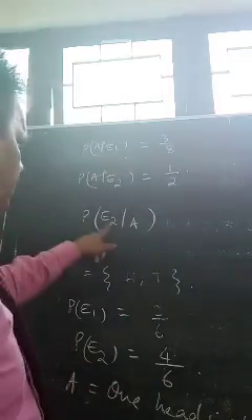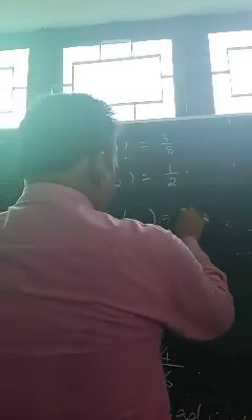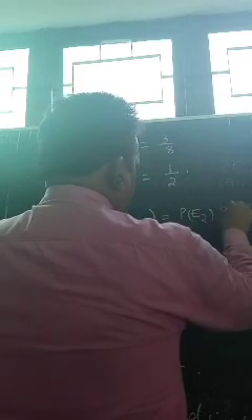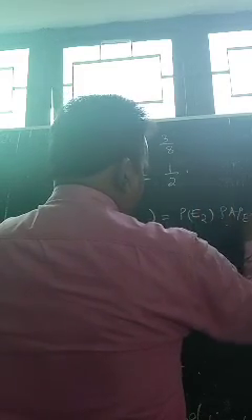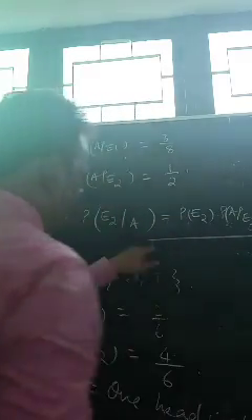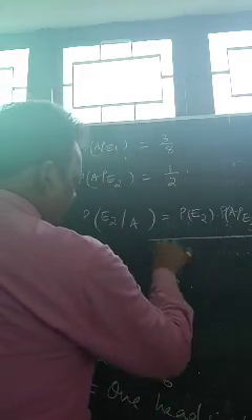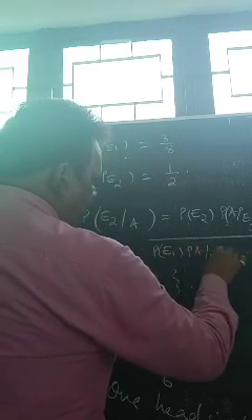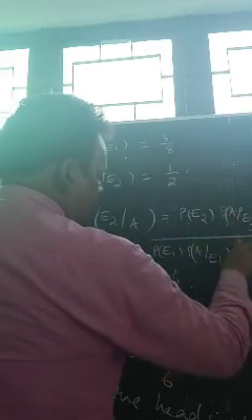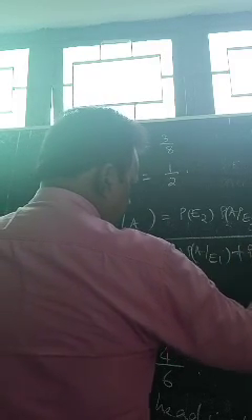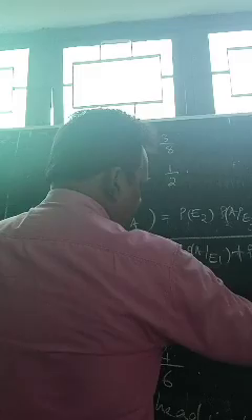So E2 means what will be the formula? E2 here, A of E2. Whatever comes here, the same thing you get in the numerator. Denominator is always total probability: E1, A of E1 plus E2, A of E2.